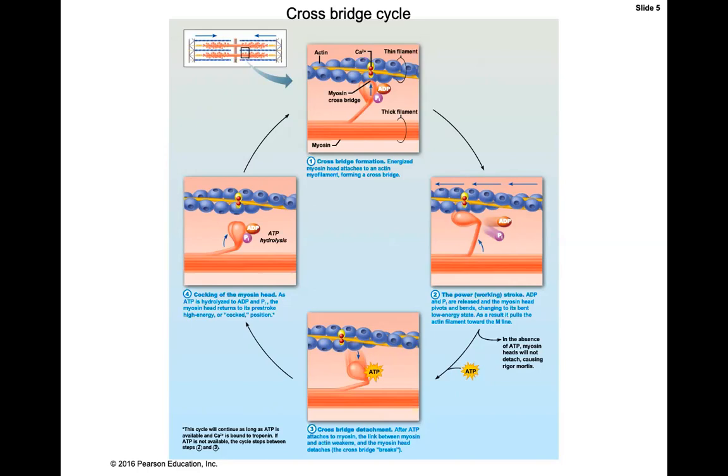So if you're pulling on a rope, right, and you're successfully pulling the rope towards yourself, you don't hold on to the same place on the rope. So you grab the rope, you pull your hand towards yourself, right? And then you let go of the rope and you grab another piece of rope and you keep pulling it.